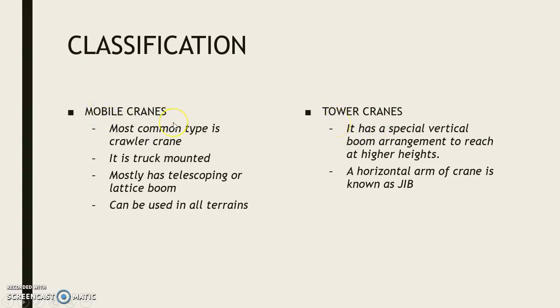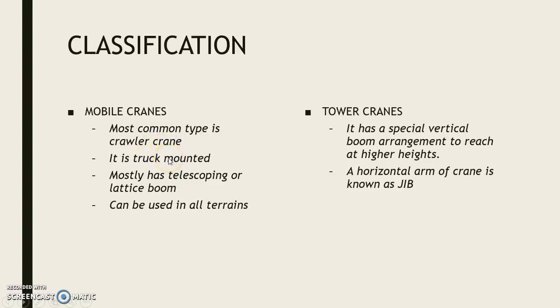Now mobile cranes are cranes which can move from one place to another as well as lift the load. The most common type of mobile crane is a crawler crane. We have seen that in the crawler type of movement we have a belt assembly for going ahead, that is moving forward. So we have a belt assembly based on which your mobile crane will move forward.